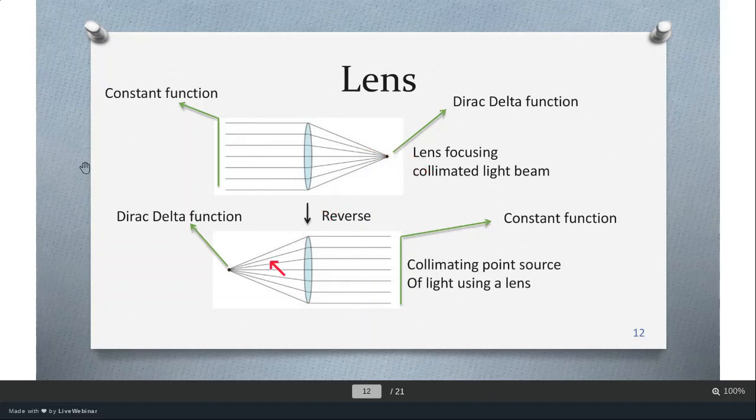If you have a point source representing a Dirac delta function here, the same lens can convert this point source into a constant function. So this is what the lens is doing. I have just explained it in a different way, involving the constant function as well as the Dirac delta function.